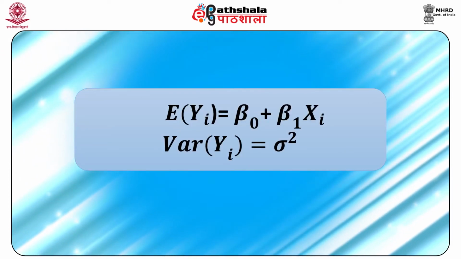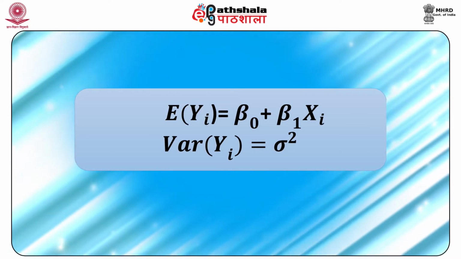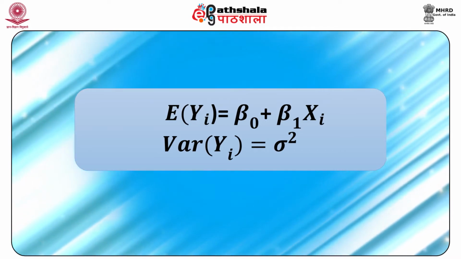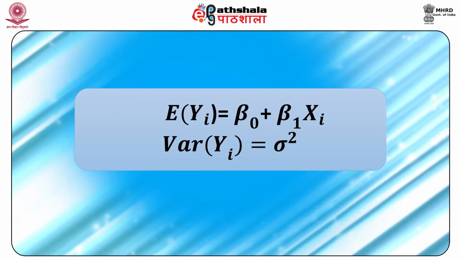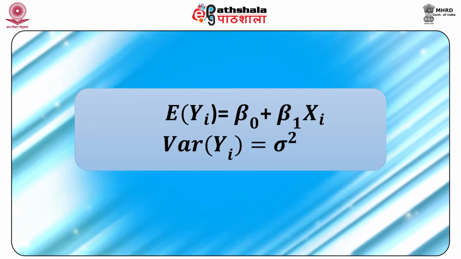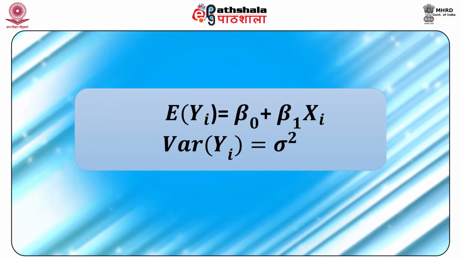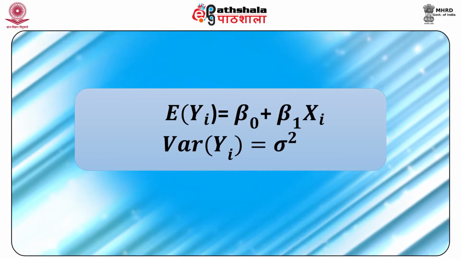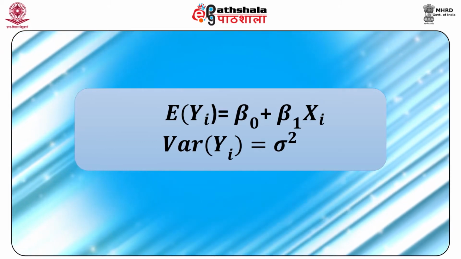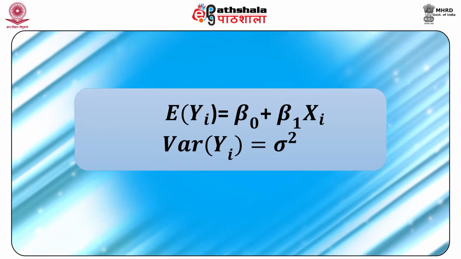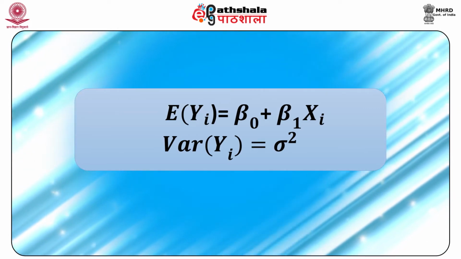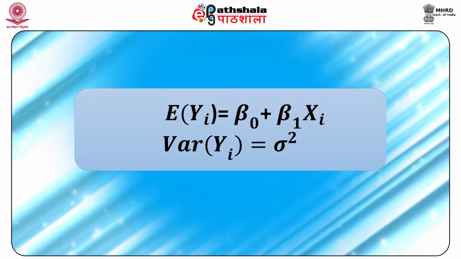When we assume that mu i is distributed normally with mean 0 and variance sigma square, and we know yi being a linear function of mu i, then we find that yi is itself normally distributed with mean and variance given by expected value of yi equal to beta 0 plus beta 1 xi, and variance of yi comes out to be equal to sigma square, which is the same as variance of mu i.